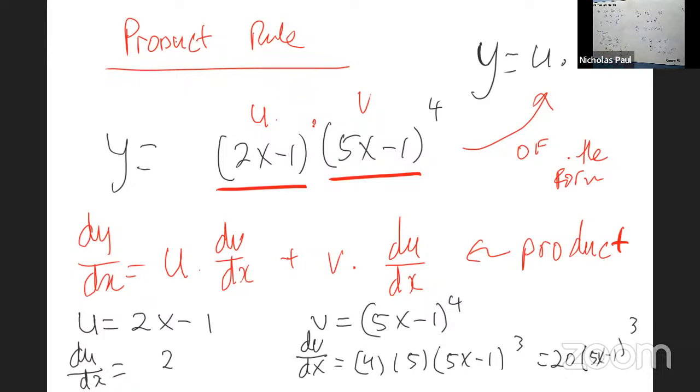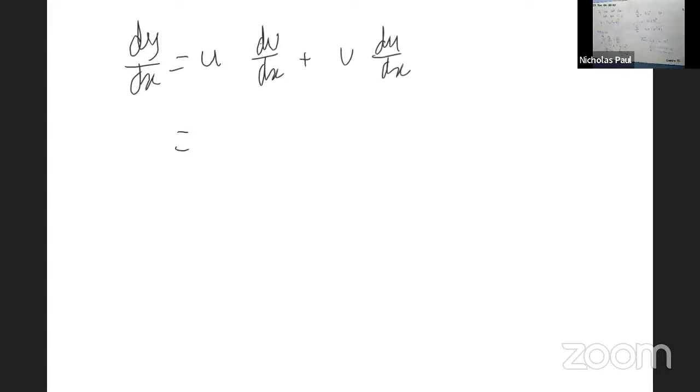And then we're going to plug it in. So remember the formula: dy/dx is equal to u times dv/dx plus v times du/dx. Where's u? 2x.